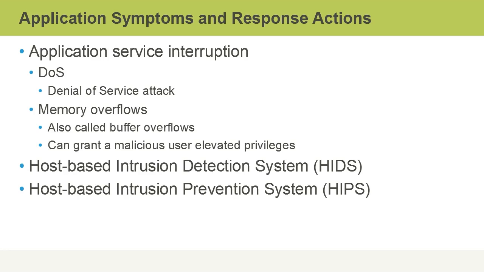Now, you might have to configure it specifically in your environment for your specific application, or over time, depending on the solution, it can learn what's normal, learn what's suspicious, and automatically make a decision by itself. In this video, we discussed application symptoms and response actions.